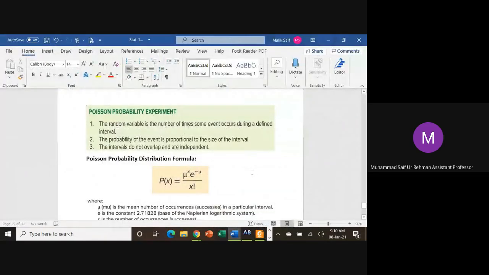Let us say there is a book, and definitely in some book the chances of committing errors will be there, but in the text, the grammatical mistakes or the spelling mistakes, the proportion of these mistakes would be so small.